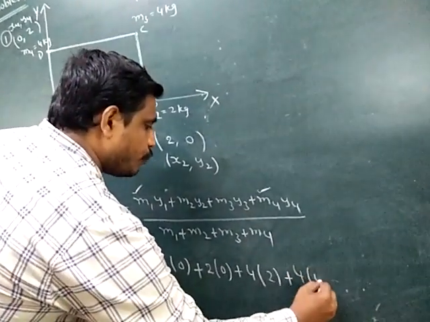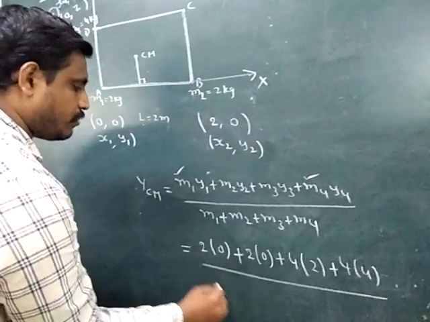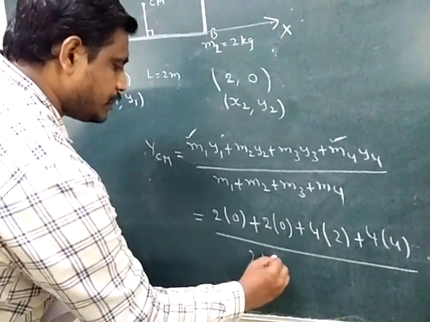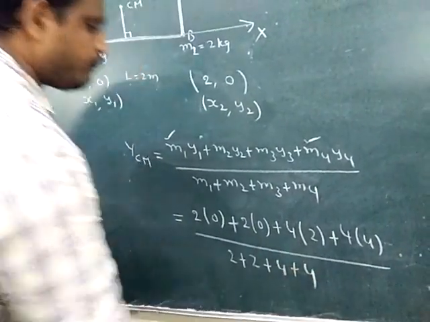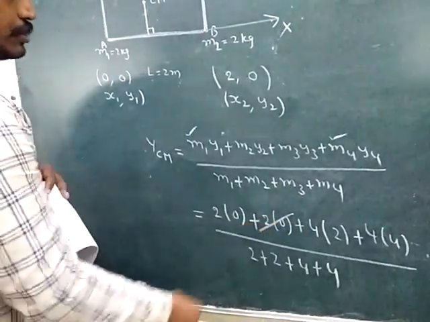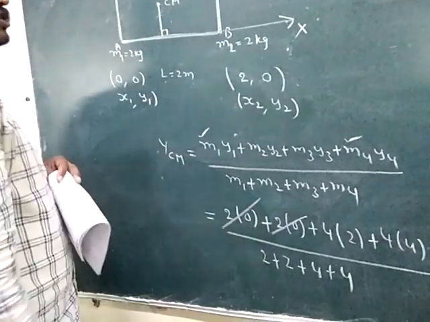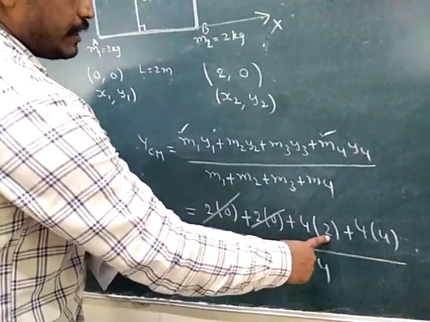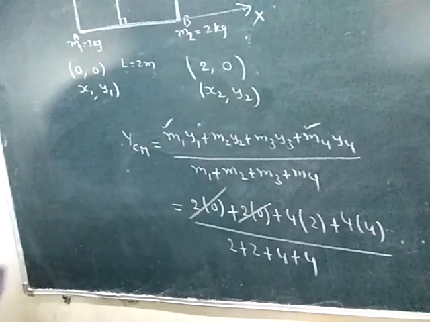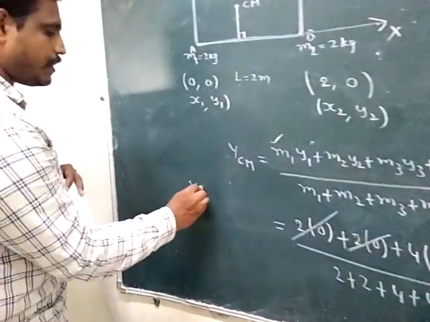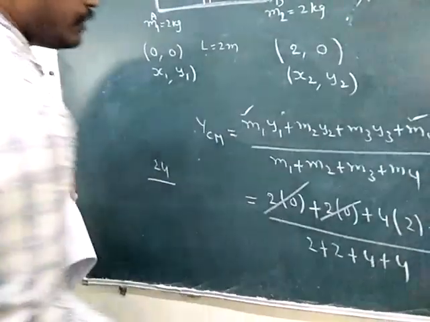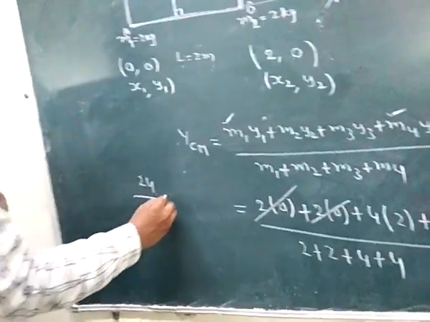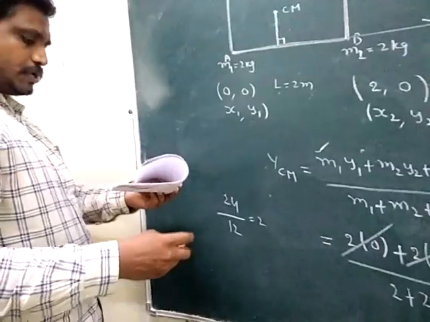That means 4 into 2 by total mass. M1 2 kg, M2 2 kg, M3 4 kg, M4 4 kg. 0 into anything is 0, 0 into anything is 0. 4 into 2 is 8, 8 plus 8 is 16, by total 2 plus 2 is 4, 8, 12. That means 16 by 12.